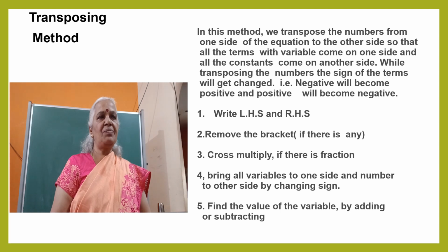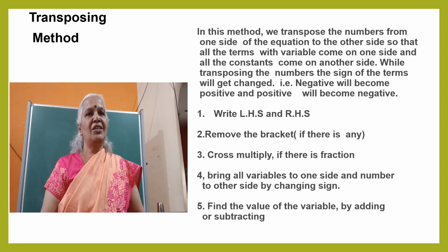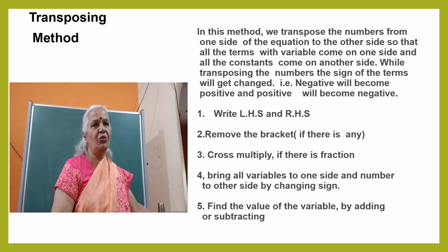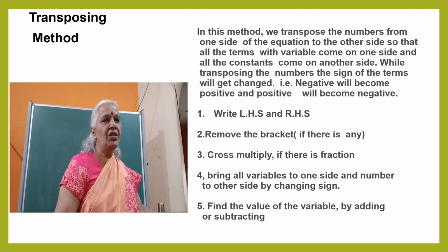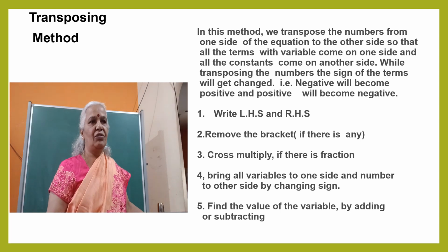Now, the steps involved in solving an equation by the transposing method. First, write LHS is equal to RHS. That is, left hand side is equal to right hand side. From this, we will come to know what is there in the left hand side of the equal to, and what is there in the right hand side of the equal to.